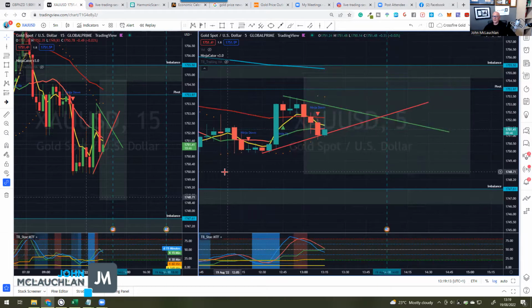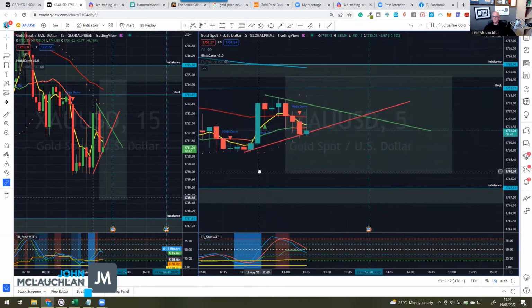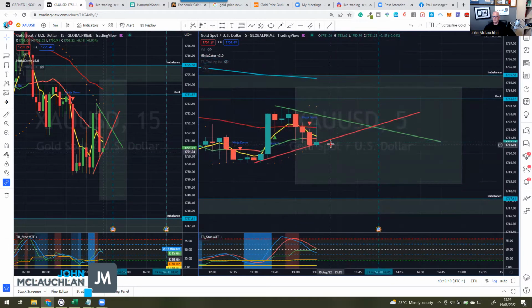One thing that we do find prior to the news is obviously the banks, the financial institutions, they want to take you out of your stop losses. So you will find pushes either side, but generally because it's gold, there will be very quick pushes, and they are designed just to take you out of your stop loss for those bankers to take your money and liquidate.